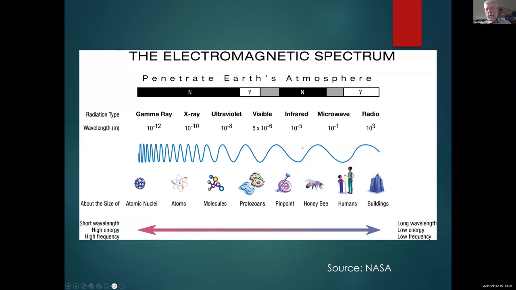So one of the points I was making, this is from my presentation at the conference, was what waves, what radio waves, or generally what light waves can come in through the Earth's atmosphere. I thought this was quite a good diagram to illustrate it. It gives you the range of wavelengths and the approximate size.